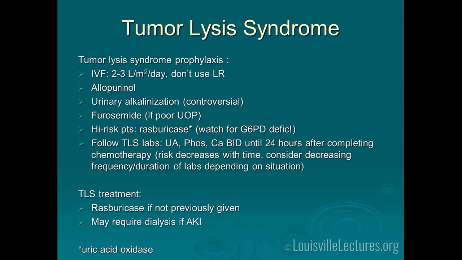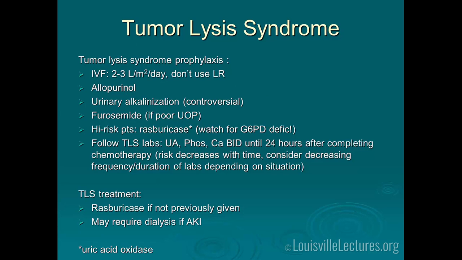It's not part of my standard practice. Sometimes I give patients furosemide with hydration, and the reason for that is not to pull at them from 2 different directions, but to have high fluid throughput through the kidneys. So they have a lot of fluid going in with normal saline, and the furosemide keeps things moving on the other end to flush out that uric acid. But once again, that's not a universal recommendation.